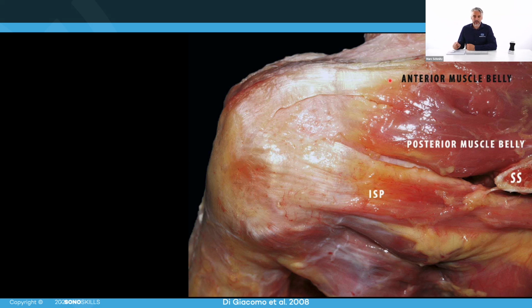The anterior part of the muscle is really carrying much more load and strength, also meaning that it's more reinforced with tendon, also meaning that if that part is affected in pathology, that's a problem. It's better to have tearing in the posterior part, which is more guiding the shoulder movements and helping, but not really carrying all the loads.